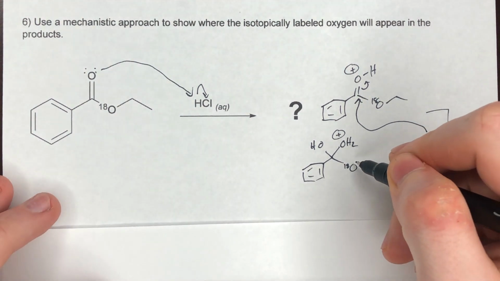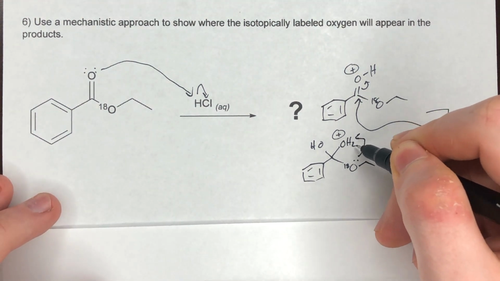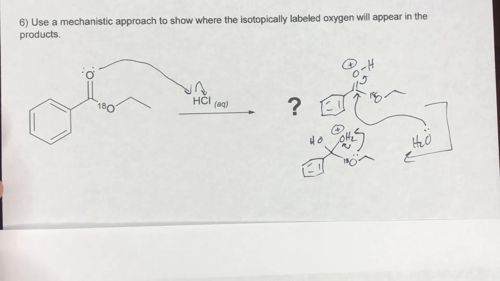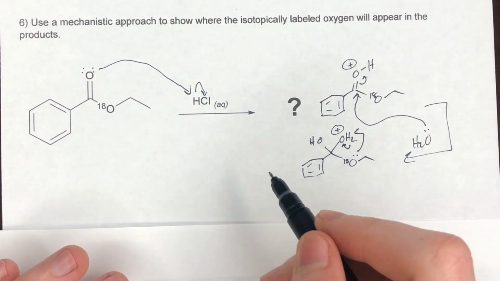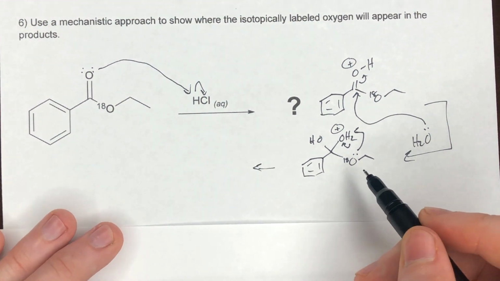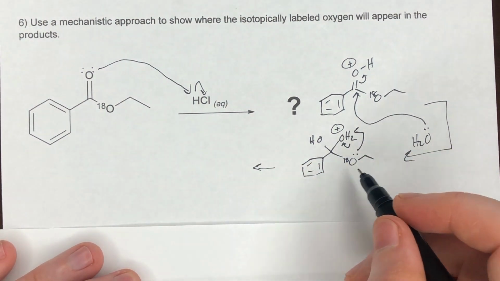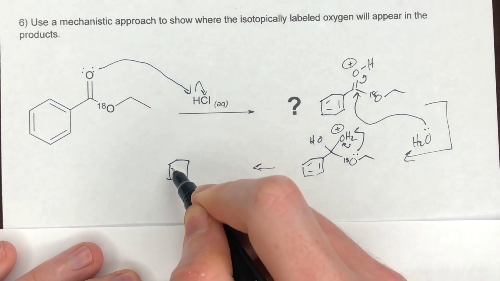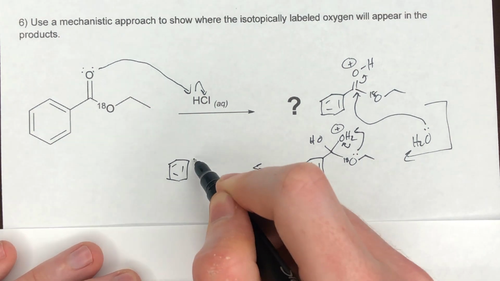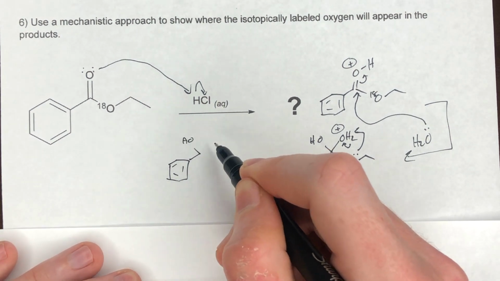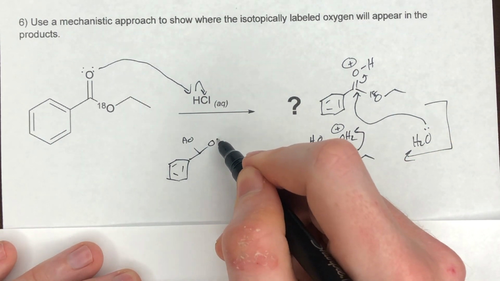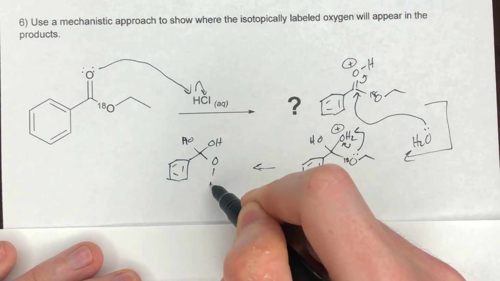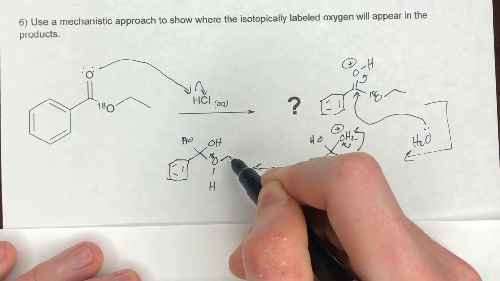But in essence, you're going to remove a proton here to put the positive charge on what's going to be your leaving group, this ethanol group. So in essence, you're just stealing this proton from the water to form your protonated alcohol. This is likely mediated through a solvent, but you can draw it intramolecularly like I have done here, and that's usually acceptable.